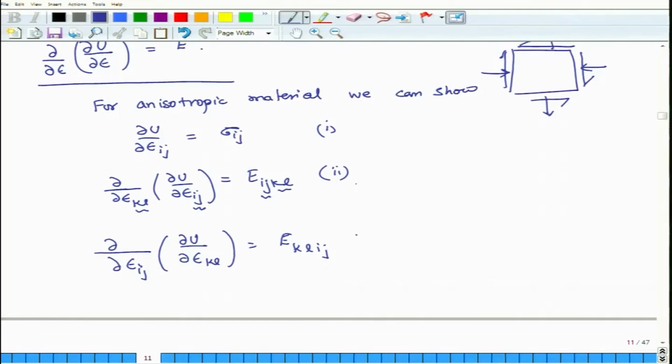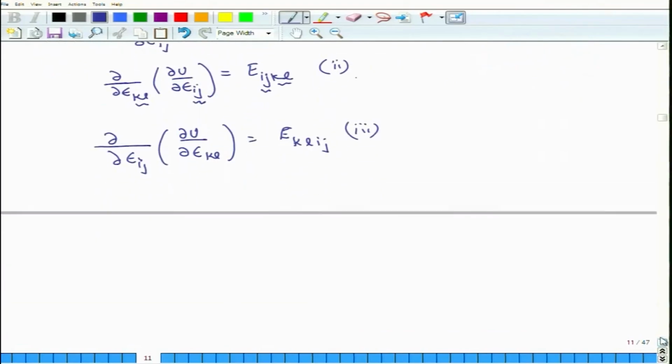Okay. So, this is the third equation. When we look at these two equations, we see that the LHS of 2 and 3 is same.